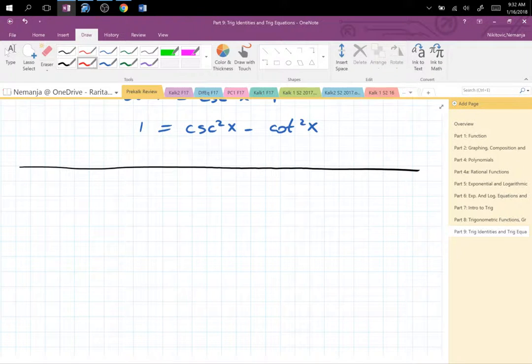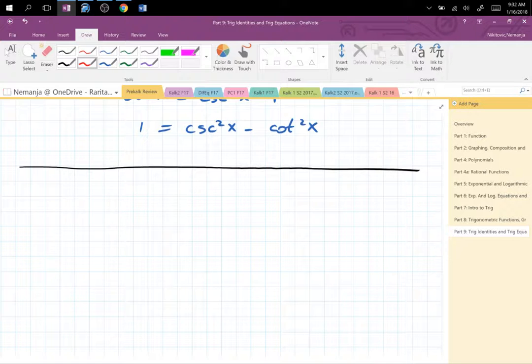The next set of extremely important identities are the sum and the difference formulas, and then the double angle, half angle, and power reducing. The sum to product, product to sum generally don't show up until differential equations, I would say.